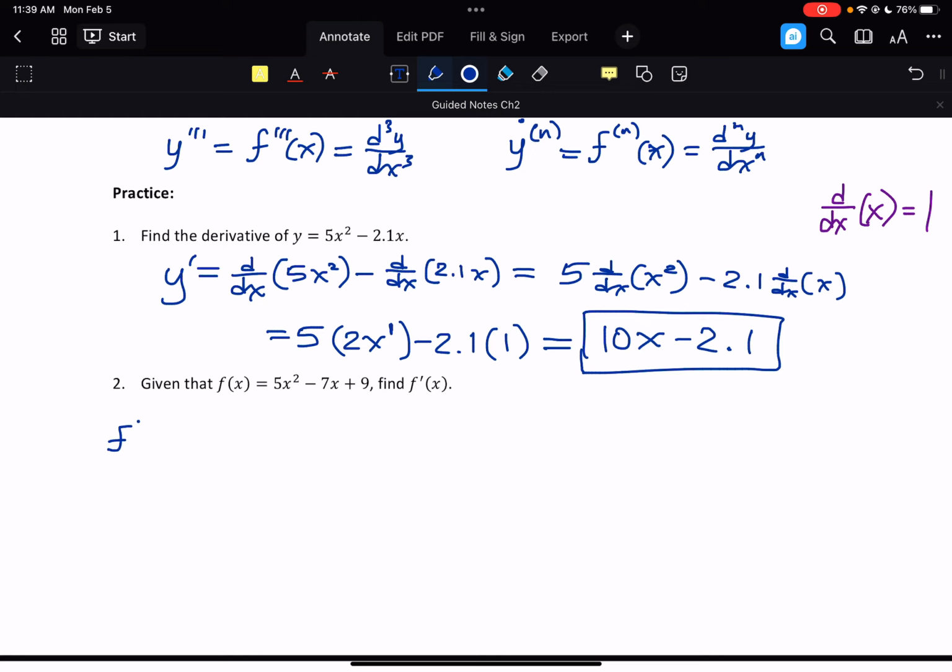For something like number 2 here, again, we can pull constants out and we can split up across addition and subtraction.